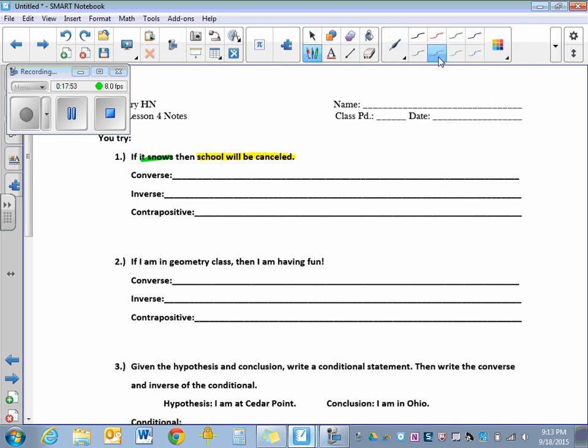Again, we just simply switched it. So if school is canceled, then it snows. Alright, easy enough. Inverse, we're going to negate both pieces of the original.